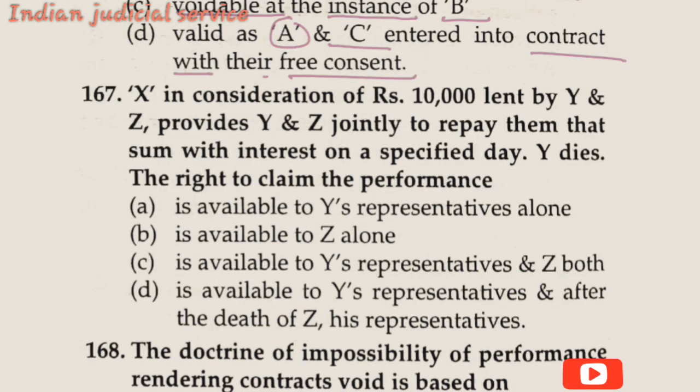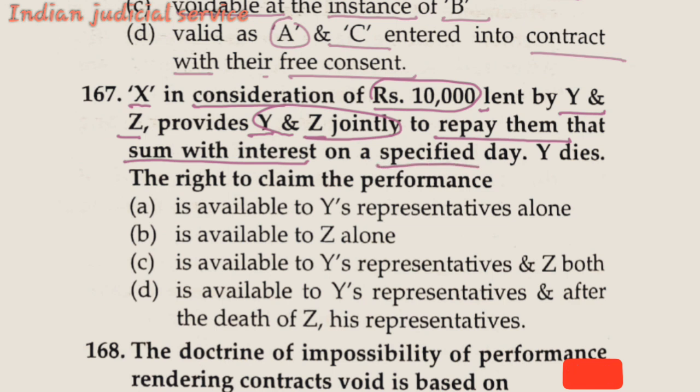Question number 167. A, in consideration of rupees 10,000 lent by Y and Z, promises Y and Z jointly to repay them that sum with interest on a specified day. Y dies.